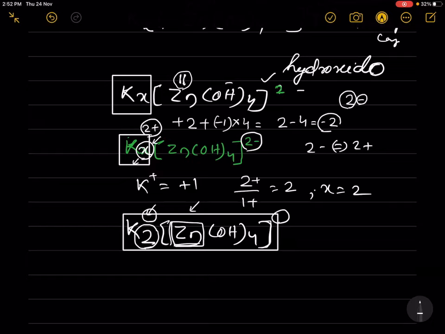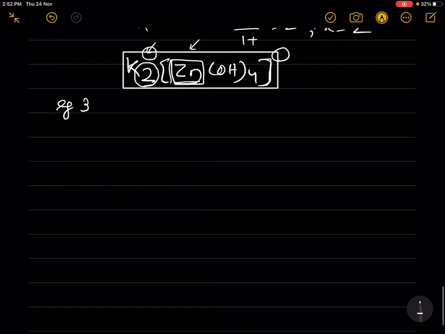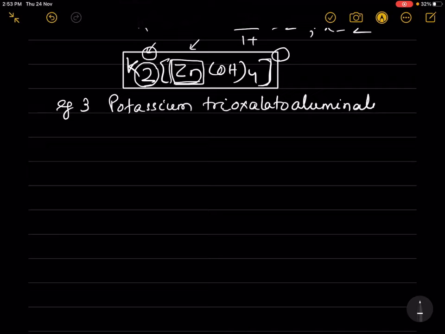Then example number 3, potassium trioxalatoaluminate(III).